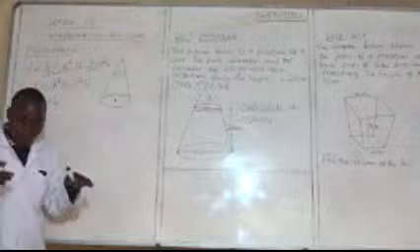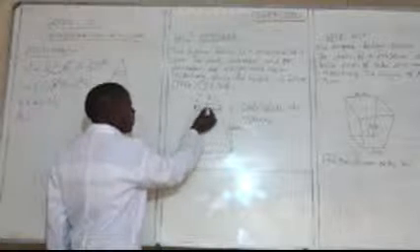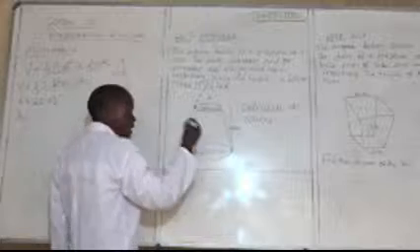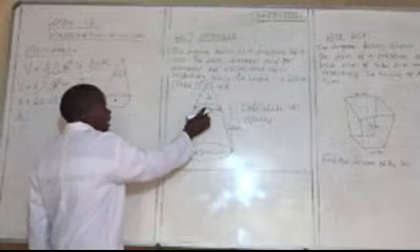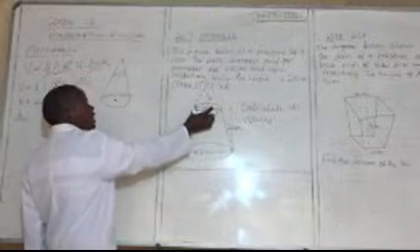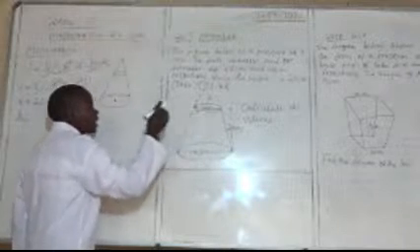So how are we going to find it? We shall say the height, which is smaller, over the radius of this one here. We know that the diameter is 14, meaning that the radius is half of 14, which is 7.